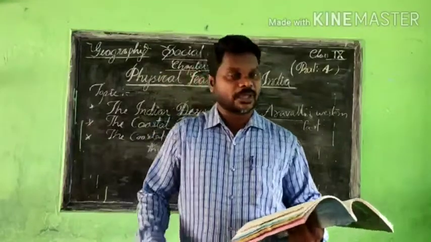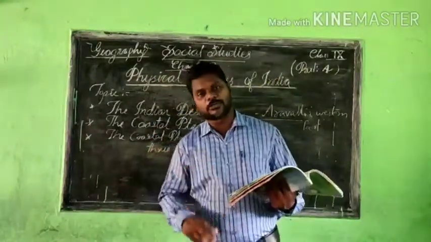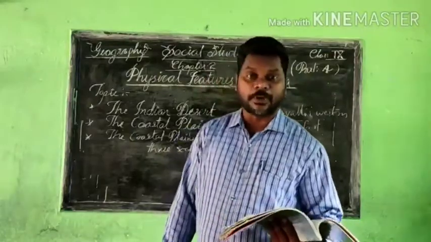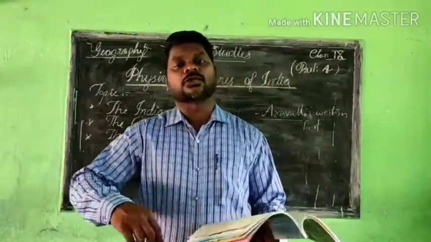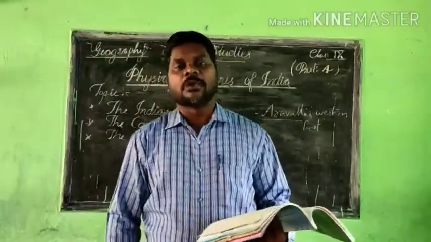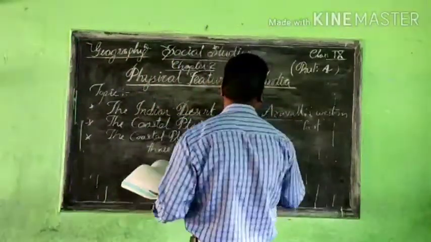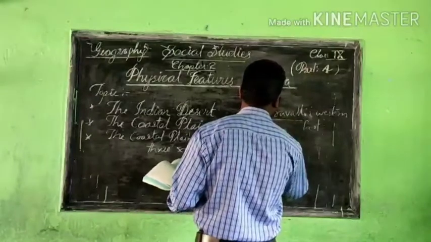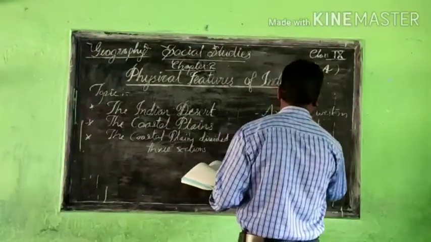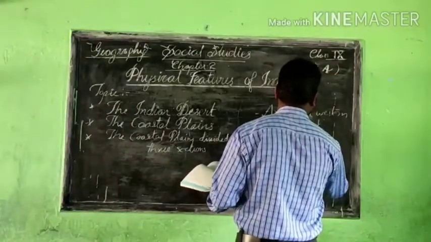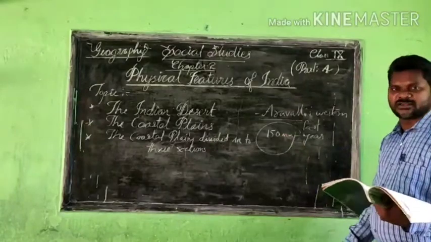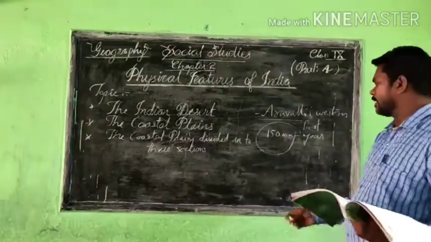In the rest of the country, because of the monsoon, some areas get more than 400 mm. But in the desert, even throughout the entire year from January to December, they get only about 150 mm per year, which is very less.